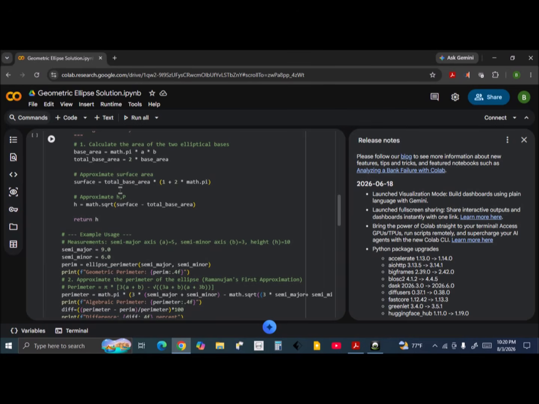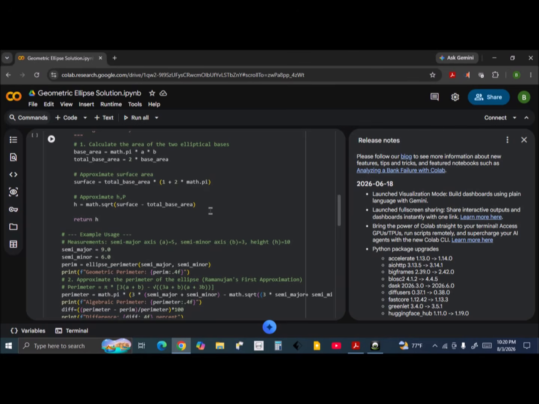The surface is equal to total base area, that's 2 pi AB, times 1 plus 2 pi in parentheses.